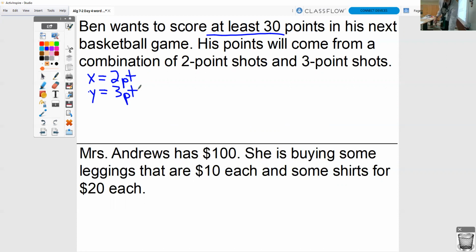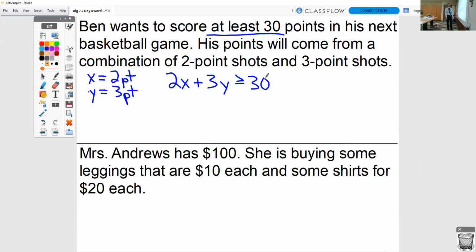I know that sounds sort of weird, but that's what it is. So 2 times the number of 2-point baskets made, plus 3 times the number of 3-point baskets made. He wants at least 30 points, so greater than or equal to 30. That would be your equation. We're not solving anything in this particular one.